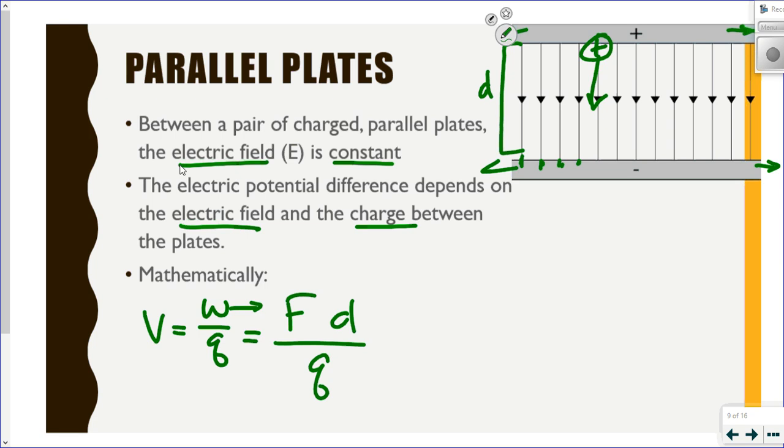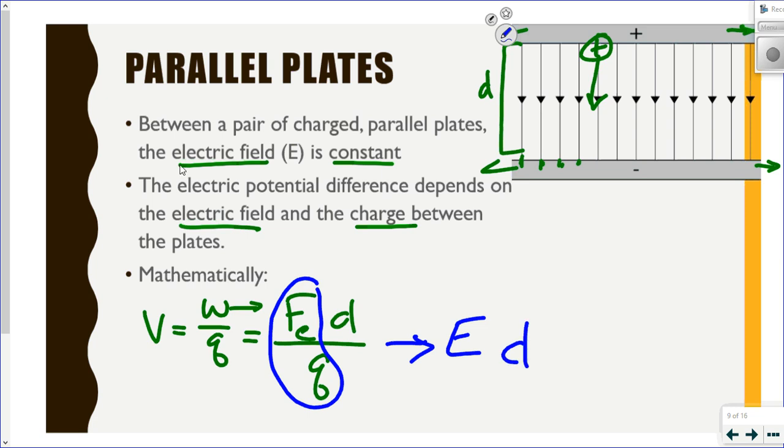Now, in this case, the force that would be doing the work is the electrostatic force, so I'm going to substitute in an Fe there. And then I can see a nice conclusion here. Fe over Q. Oh, if I take a look at our previous unit, and in that reference table, Fe over Q is the same thing as E, the electric field, and I've still got distance in there.